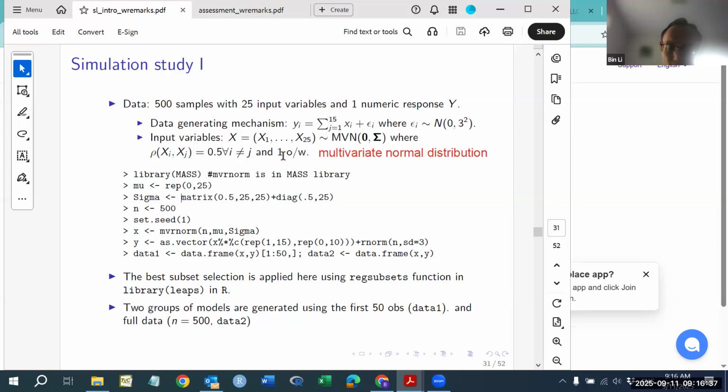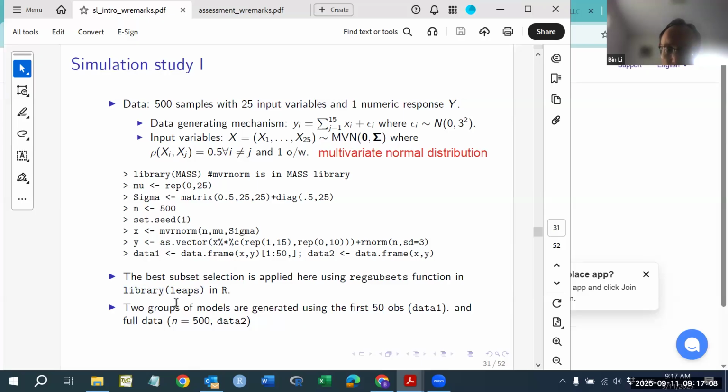So you can see, although we have 25 variables, only the first 15 are relevant to y. The remaining 10 variables are irrelevant to y. So let's use best subset selection to find the optimal models. Best subset selection is in the library leaps that I mentioned last time.